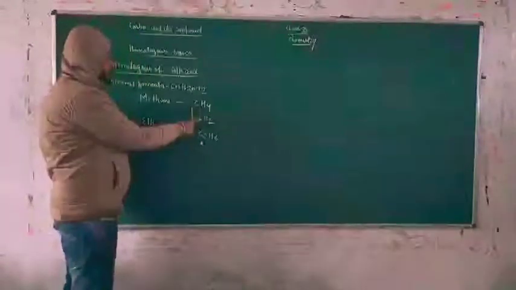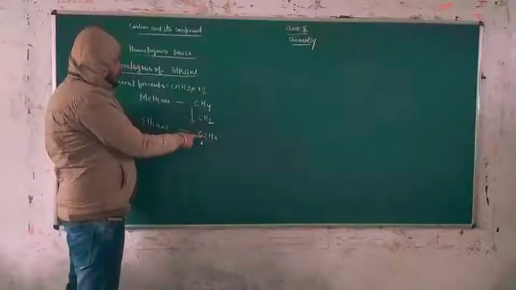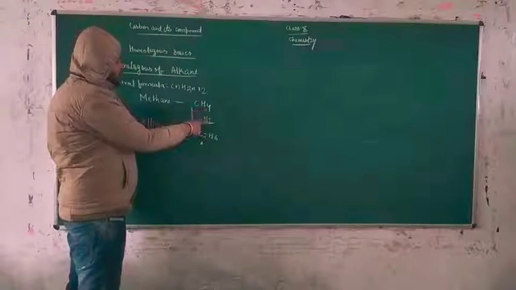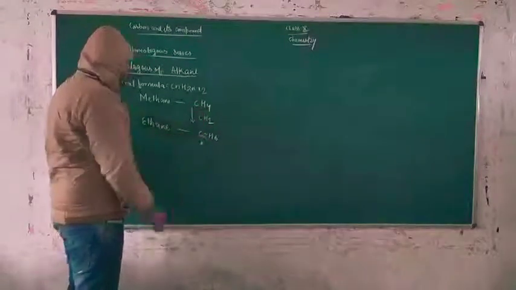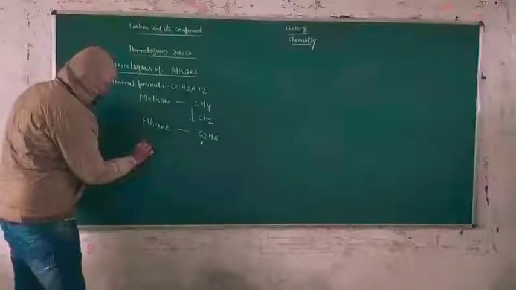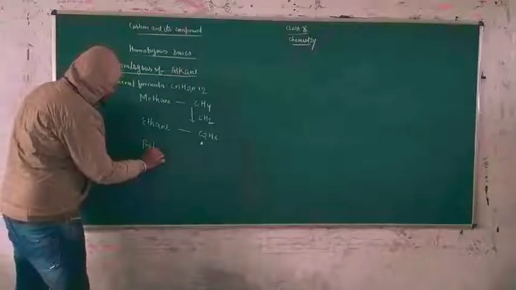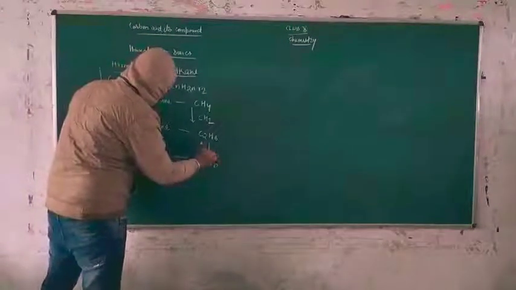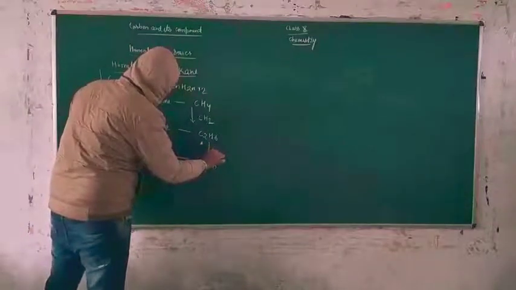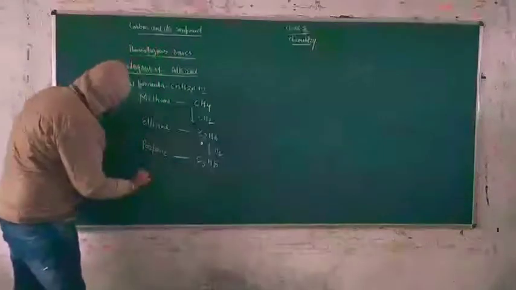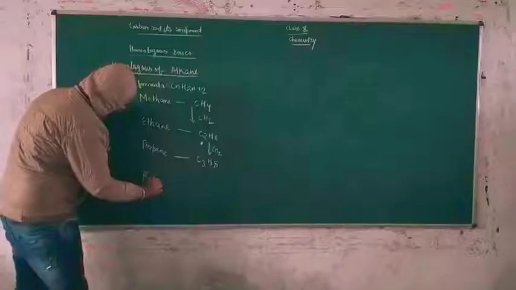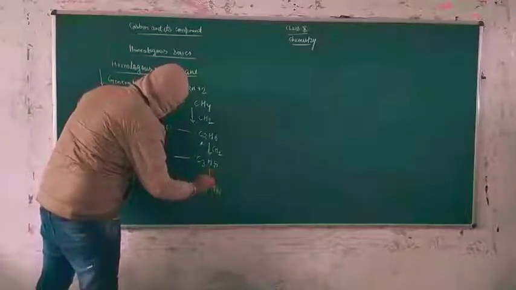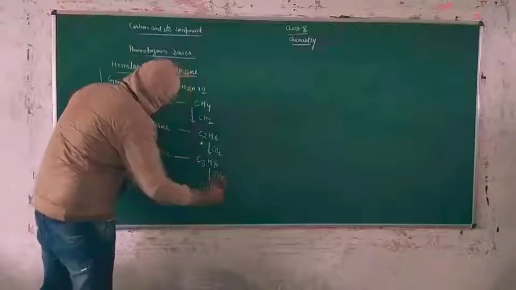That means one carbon is increased, so C becomes C2, and you have to add 2 hydrogen, so H4 becomes H6. Again, you have to write here propane, C3H8. There is another CH2 difference in it. There is butane here, that means C4H10, another CH2 difference.